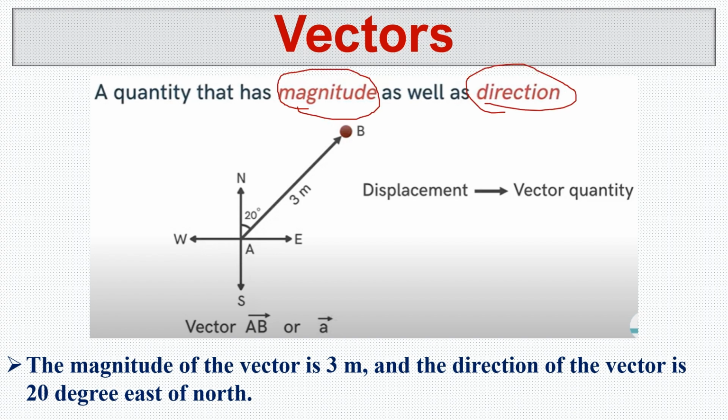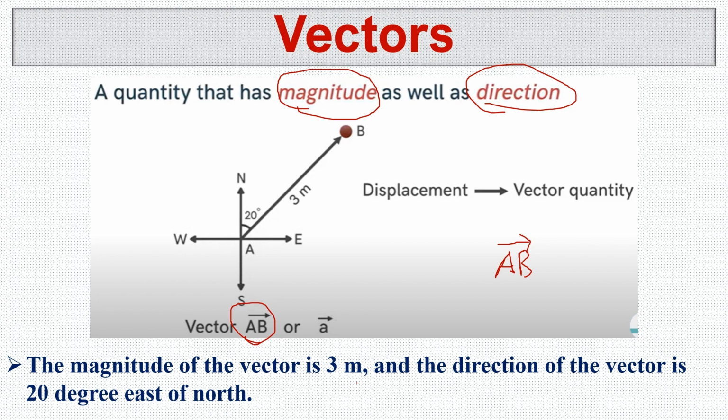If you look at this picture, this vector AB, we represent the vector with an arrow. The arrow indicates AB is a length and also indicates the direction. So this is a representation of the vector.